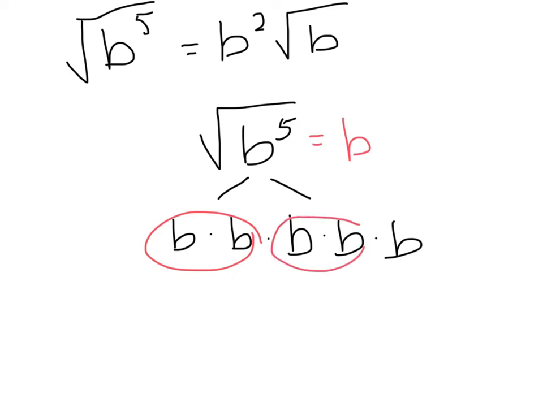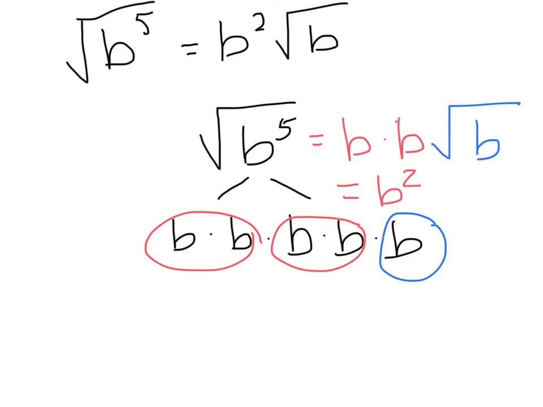I have another pair of b's here, so b squared, again, the square root of that is just b. And I'm left with 1 b inside of the radical. Well, b times b we know is b squared, times the square root of b. So the square root of b to the fifth is b squared square root of b.